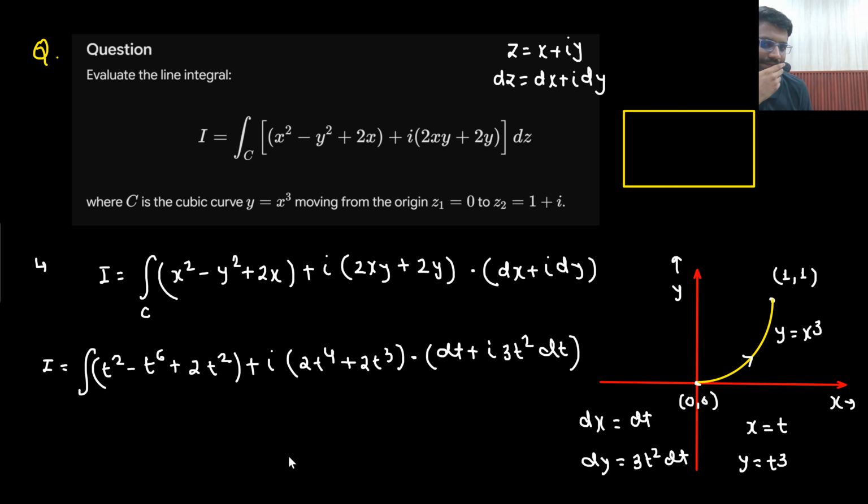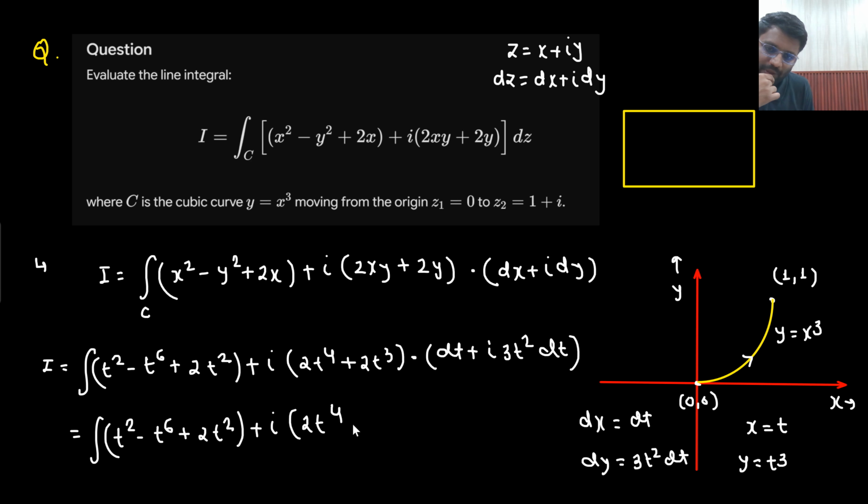Say yes or no? Right? So from here dt you can take common: (t square minus t to the power 6 plus 2t square plus iota (2t to the power 4 plus 2t to the power 3)) times (1 plus iota 3t square) dot dt.